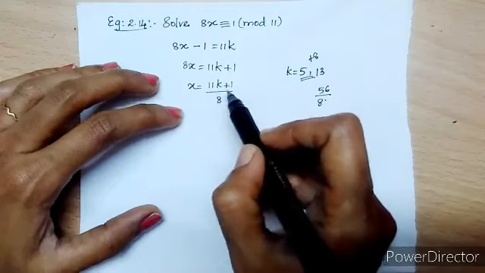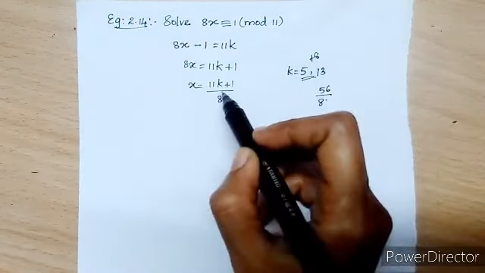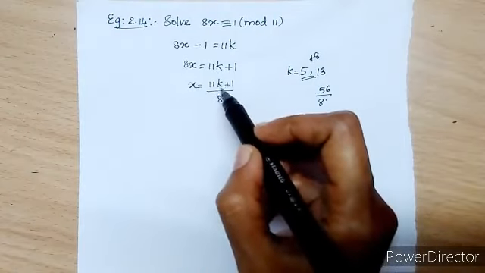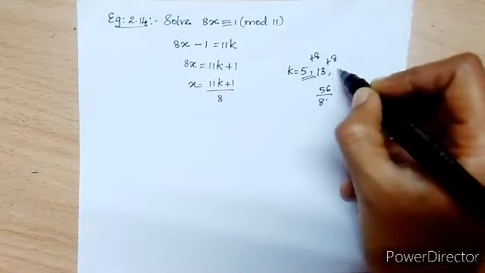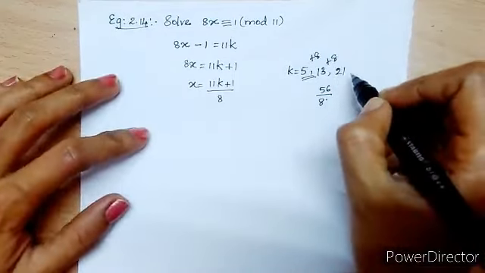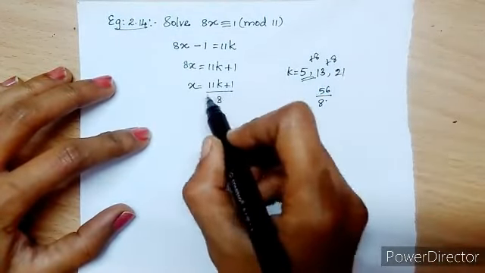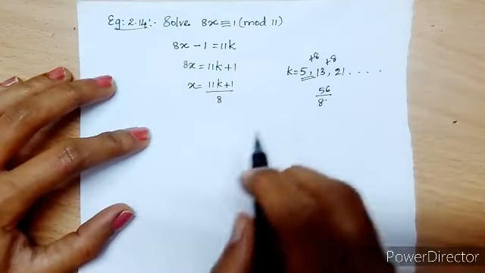Then 13, when you apply 13 in the place of k, it will be divisible. Then the next number, how will you find? Add 8 to this 13. It is 21. So if k equal to 21, this whole value will be divisible by 8. So these are the values for k.